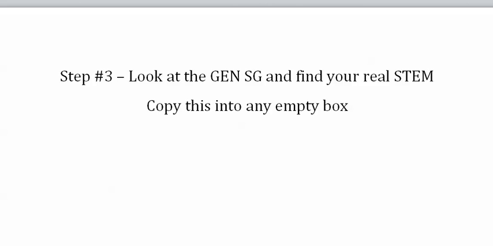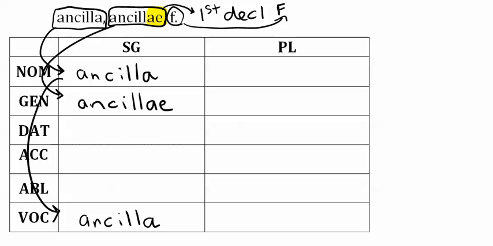Next, I'm supposed to look at the genitive singular form in my dictionary definition and find my real true stem, because it may not be the same as the nominative singular. And then I'm going to copy this into any empty boxes that I haven't written anything in yet. So here I am. I look at my dictionary definition, and I look at everything in front of the ending AE, and that gives me ancill.